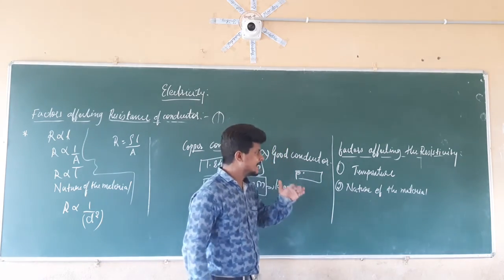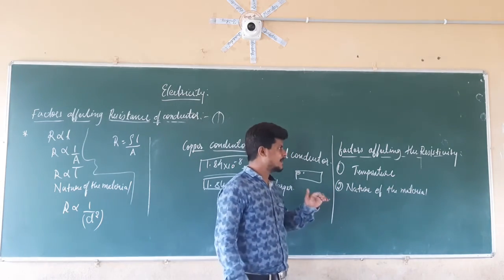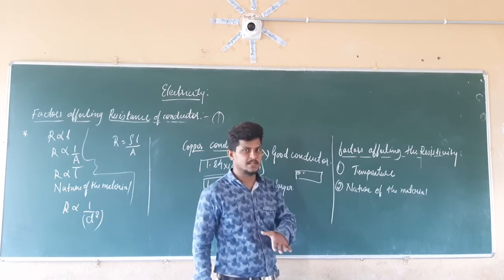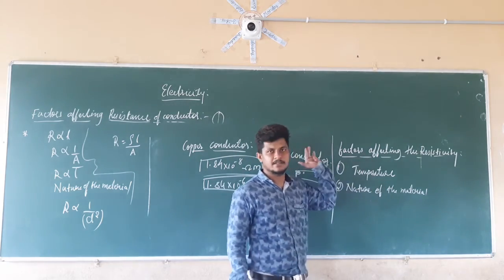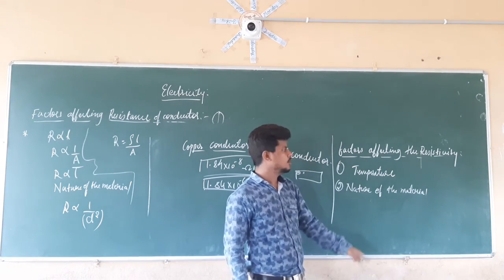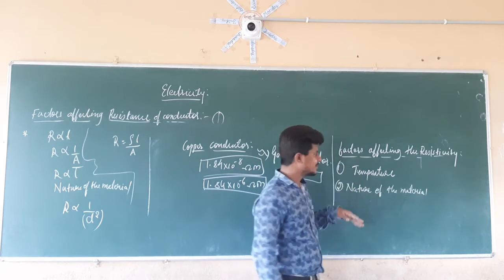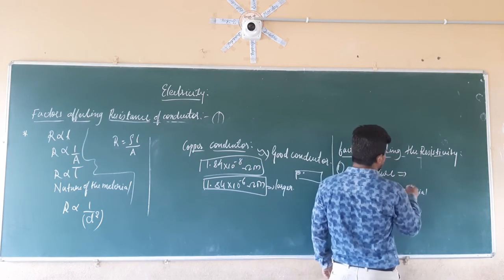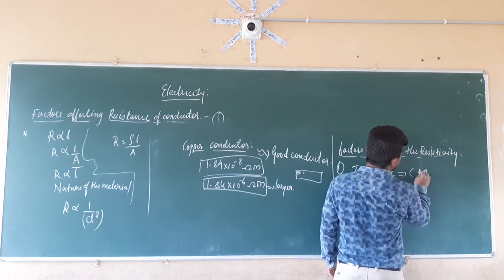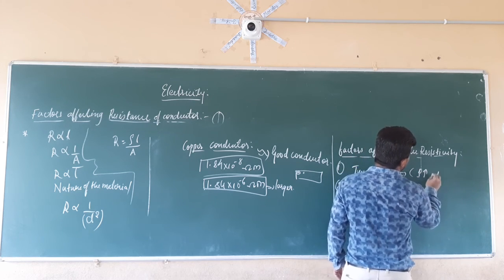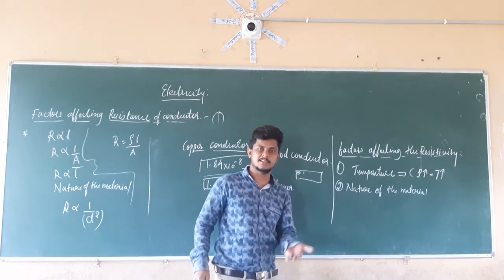That means the current carrying capability of the conductor is reduced, so the resistance of the conductor increases. That is nothing but the resistivity. So the resistivity goes on increasing as the temperature increases. Therefore, rho increases as T increases.